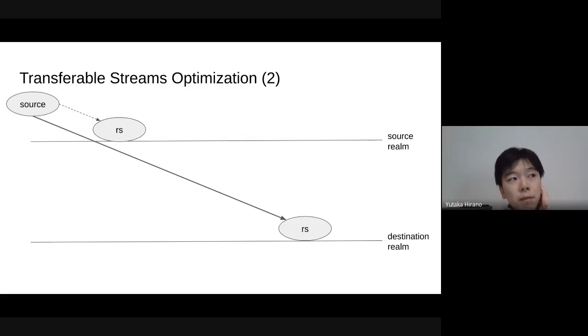For example, when we handle streams of events, streams of data which are coming from the browser process, we don't need to read every chunk on the main thread to transfer them to the worker thread. Instead, we can read the chunks on the worker thread directly.